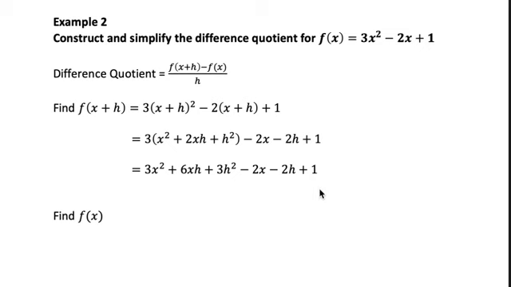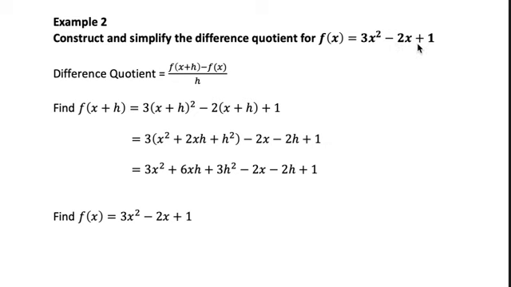Take a minute, try that yourself and check with this screencast. It's really, really important. It's the little details that students screw up on. So make sure that you're paying attention to every single detail, every single sign. All right, now f of x is just this expression, 3x squared minus 2x plus 1.